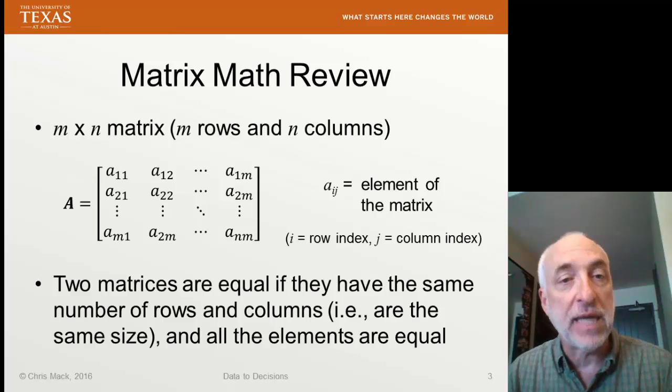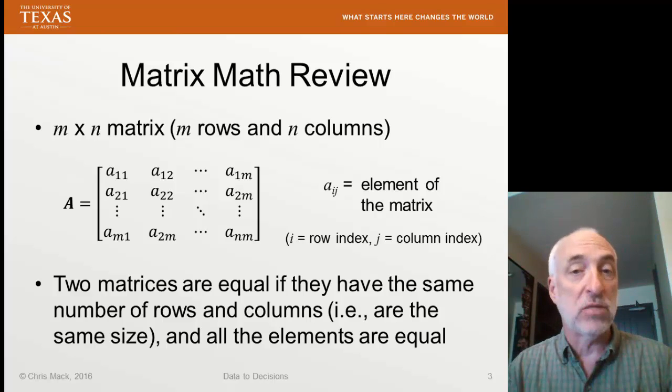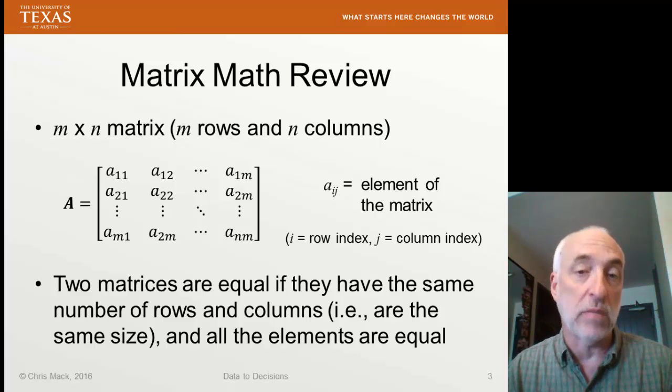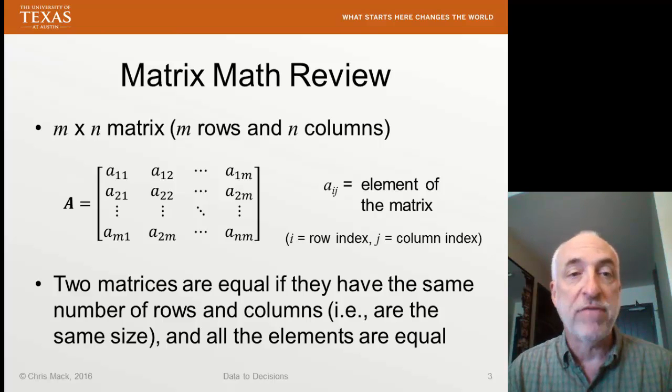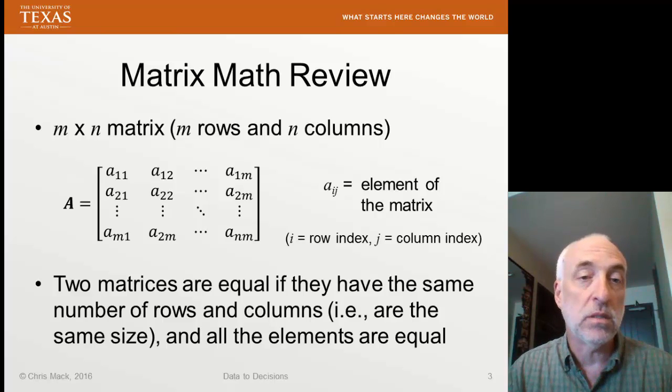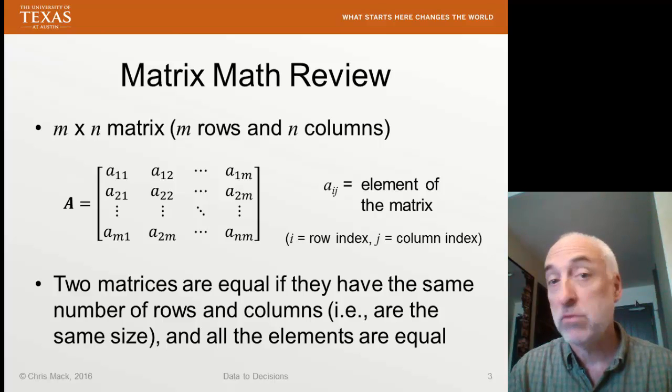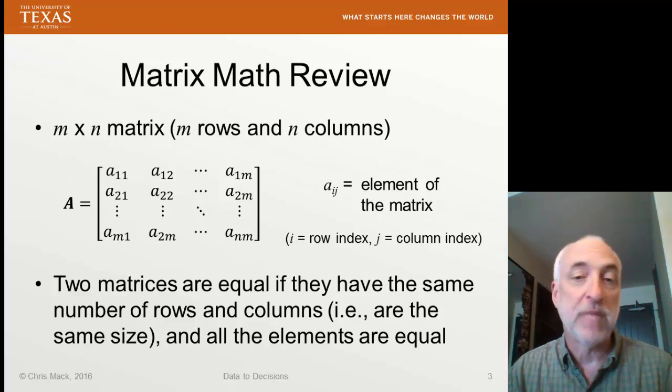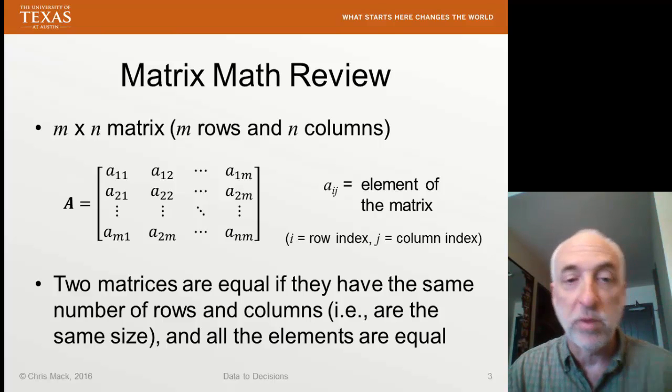And we say that an m by n matrix has m rows and n columns. And m and n could be anything. If the number of columns is 1, we call it a vector. We can transpose that vector, and then we have the number of rows being 1. That's a different kind of vector. We'll talk about transposing in just a moment.